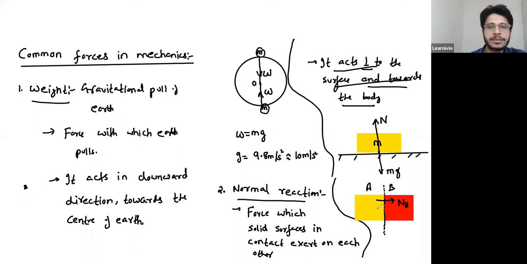Similarly, B will exert a normal reaction on A. So the normal reaction by B on A is N. And by Newton's third law, both the forces are equal and opposite. So A will exert a normal reaction N_B on B to the right hand side, and B will exert a normal reaction on A, that is N_A, to the left hand side, and N_A equals N_B.